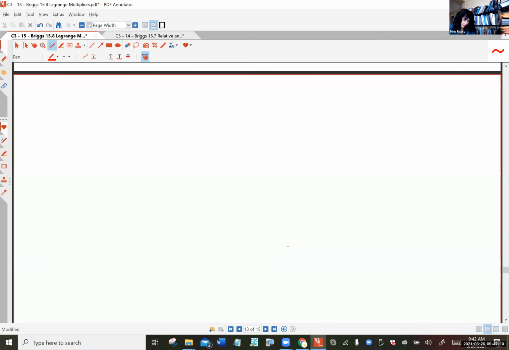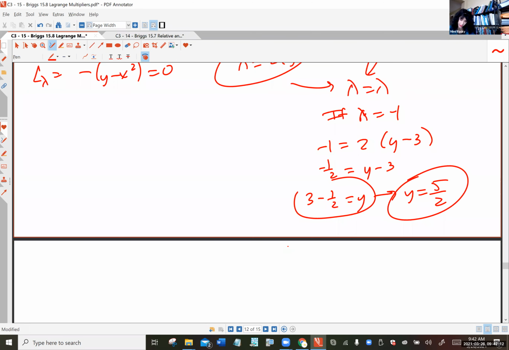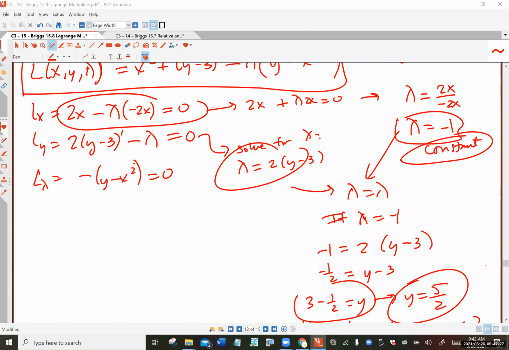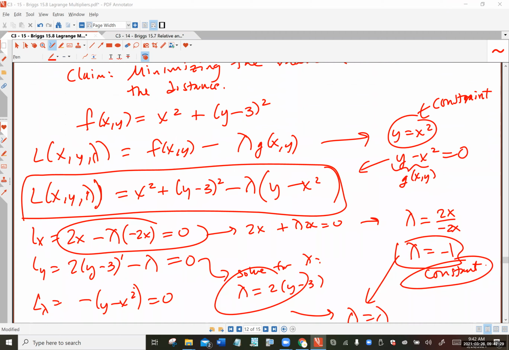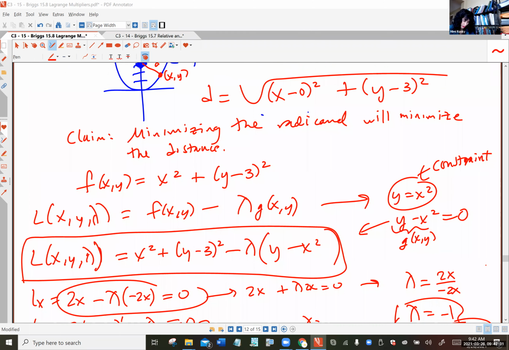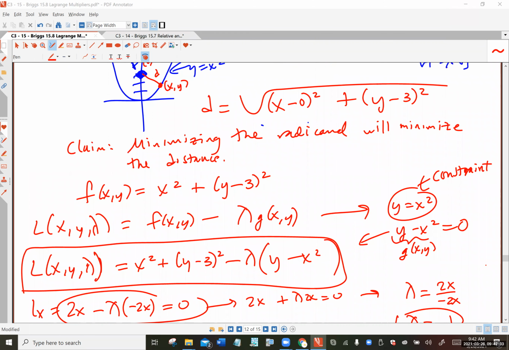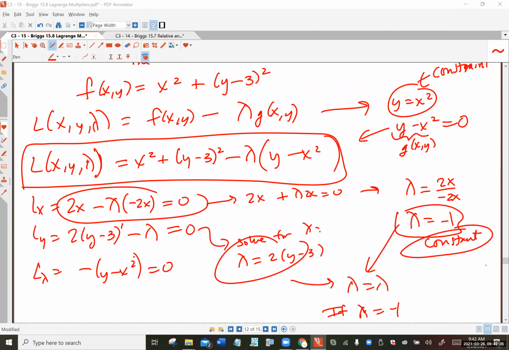Any ideas? How to get the x? Any ideas? Would you plug the lambda and the y into the Lx that we used in the beginning? Okay, so here in the beginning, what am I doing? In Lx?